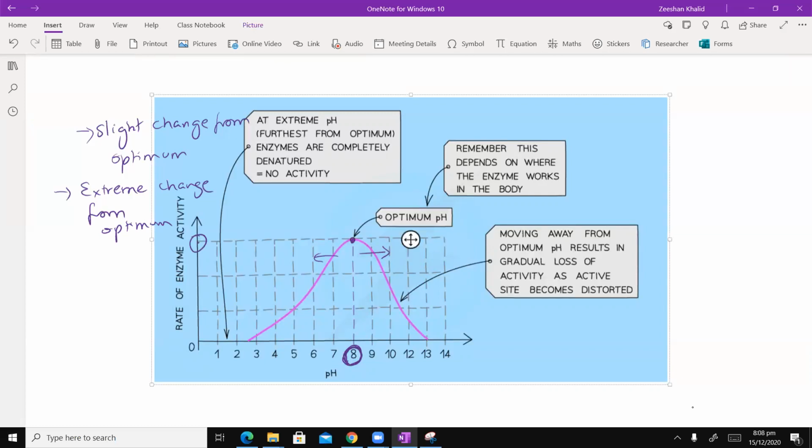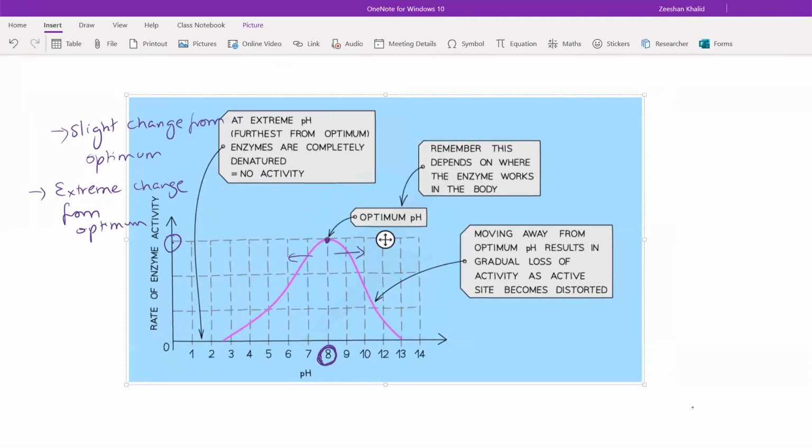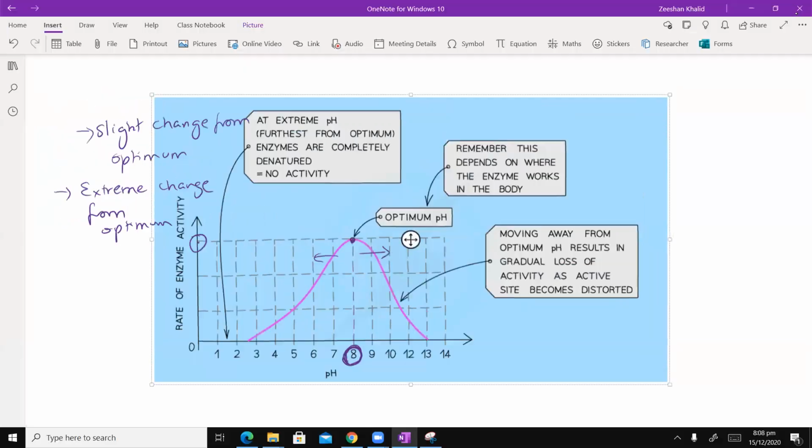But at extreme pH values, as you can see, it's written, which is furthest away from the optimum. For example, हम 4 की बात कर रहे हैं या 3 की बात कर रहे हैं या फिर we're talking about 12 or 13, which is of course way beyond 8. Then this shows that this will cause complete distortion again of the active sites.